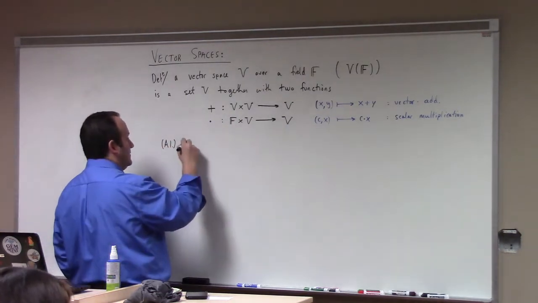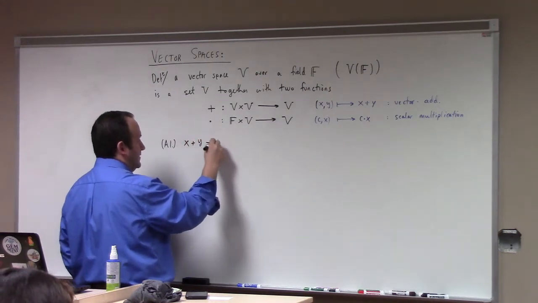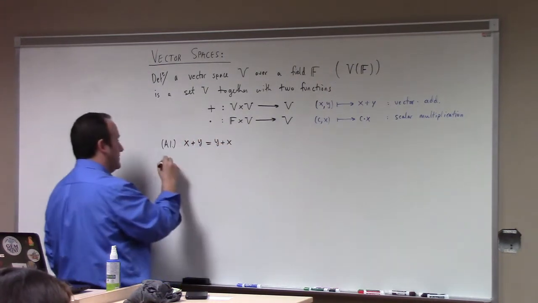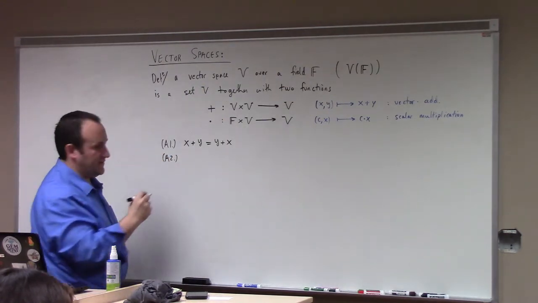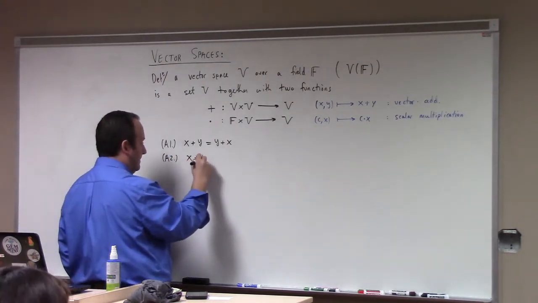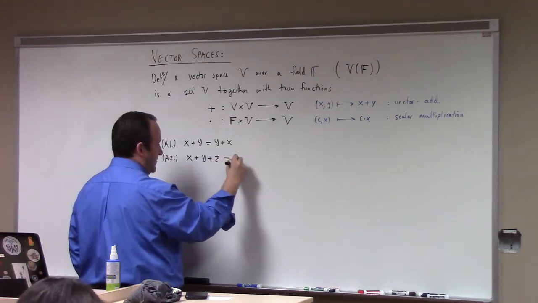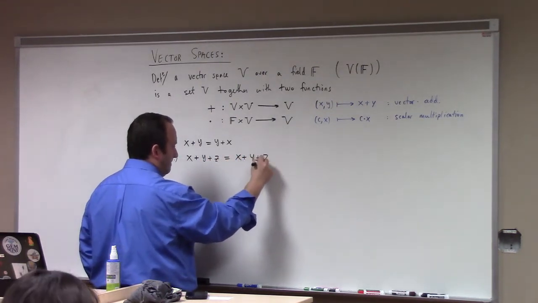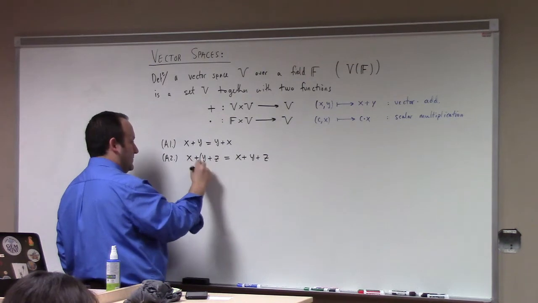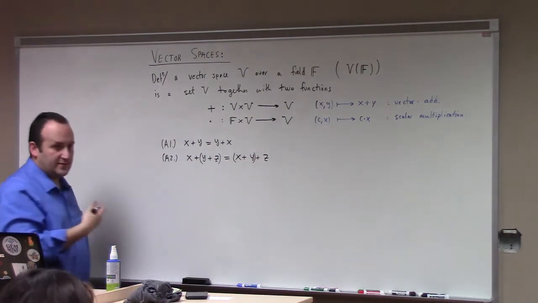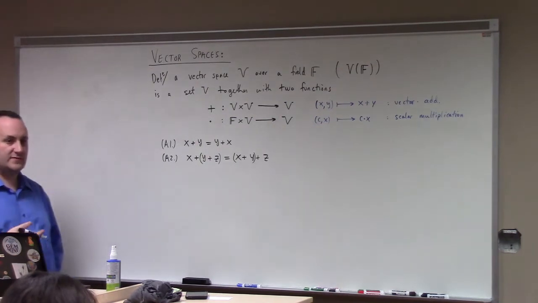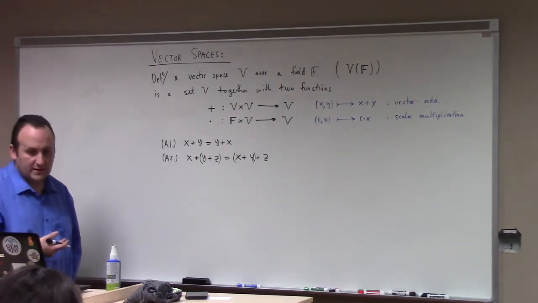So A1, x plus y equals y plus x. A2, x plus y plus z makes sense no matter where you put the parentheses. So Axiom 1 is that vector addition commutes. Axiom 2 is that vector addition is associative.